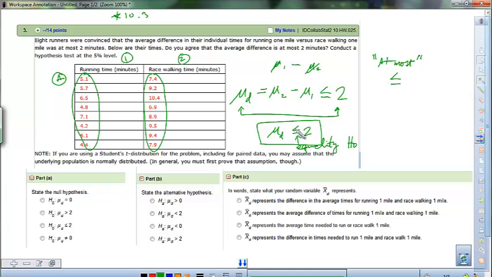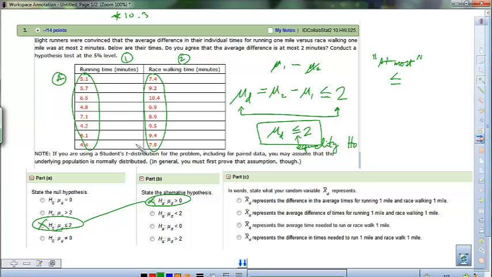So your alternative would be the opposite. So it looks like our null hypothesis would be mu sub d is less than or equal to 2, and so our corresponding alternative hypothesis would be the opposite of less than or equal to, which is greater than. So that would be this one right here. And then so this is the mu sub d.